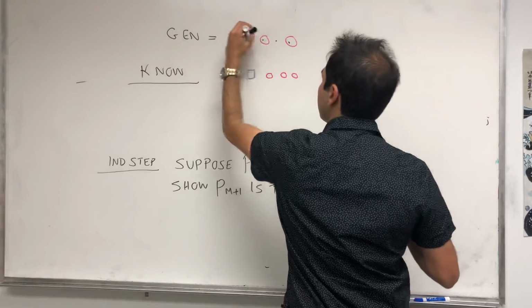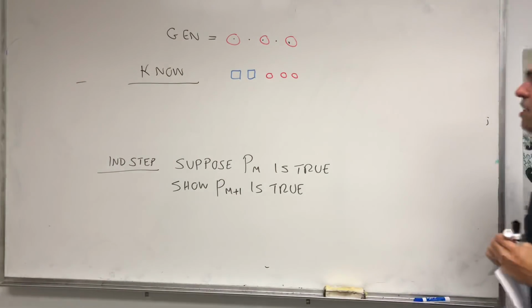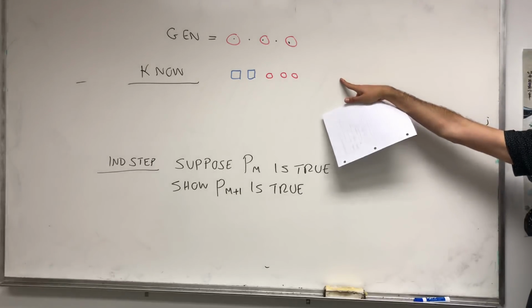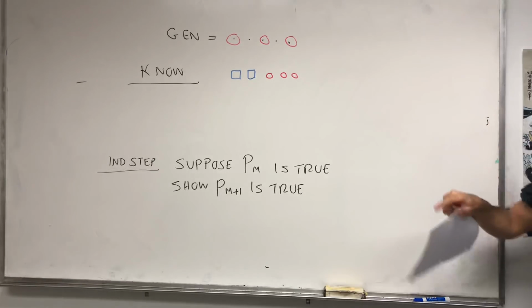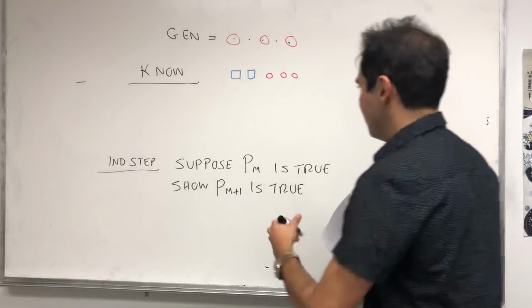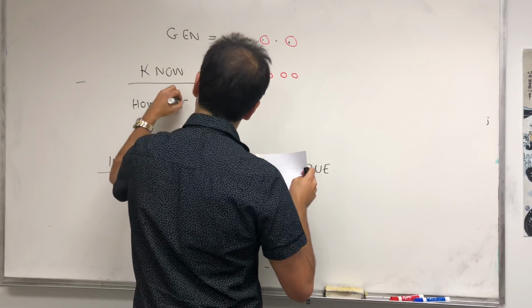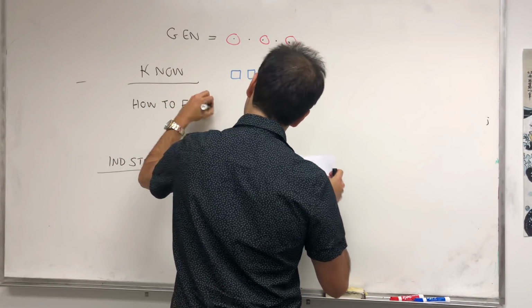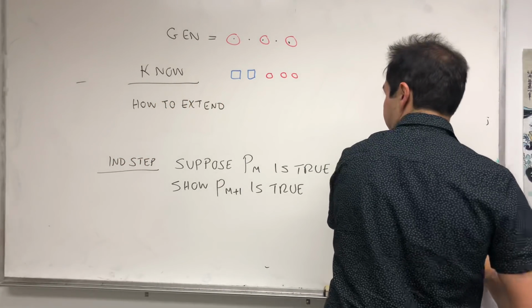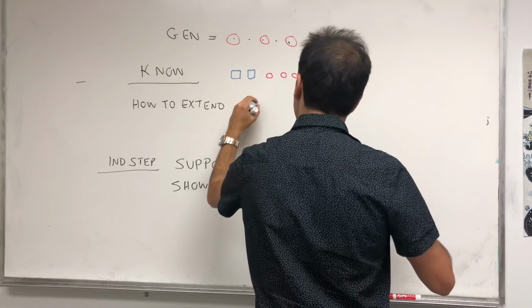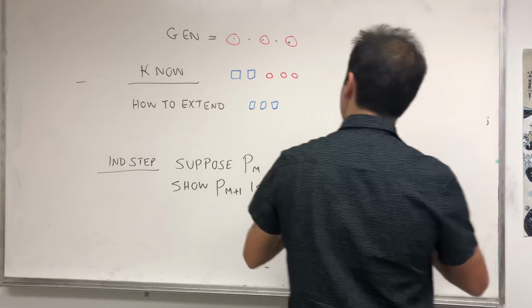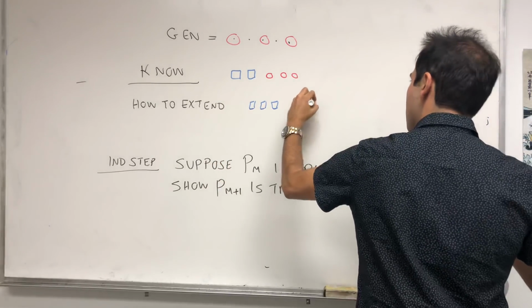Let's say those 3 dots. So we know how to do it with small sets. How can we do it with a bigger set? So how to extend, let's say, 3 squares to a spanning set.